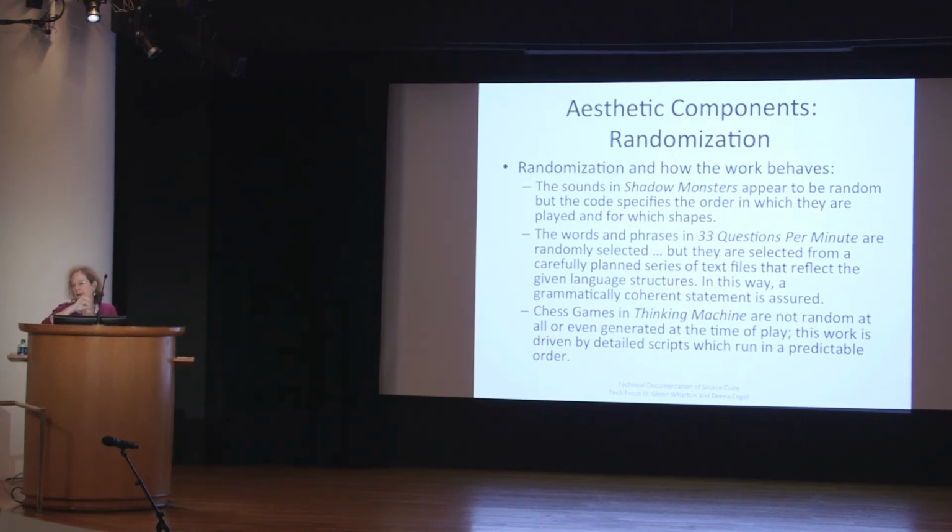And because it's available in English, Spanish, and German, which have different sentence structures, the lists are organized in such a way so that a past participle in German will appear at the end, whereas in English, it would appear closer to the verb. So in this way, it is grammatically coherent, but it is randomized behind the scenes.